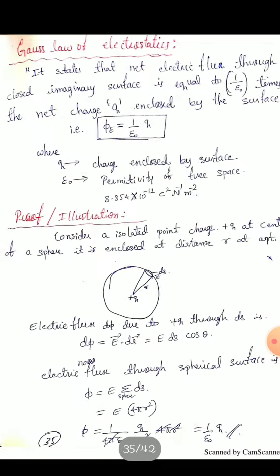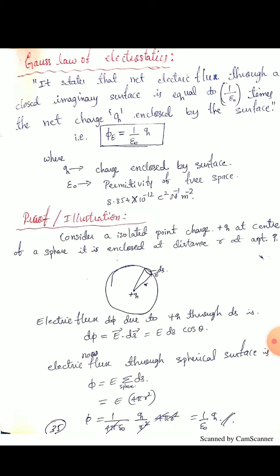What is left here? Q divided by epsilon naught. That is nothing but Gauss law of electrostatics. So phi is equal to 1 divided by epsilon naught into Q. This is how we study continuous charge distribution, and depending on that, Gauss made a law, that is Gauss law of electrostatics.